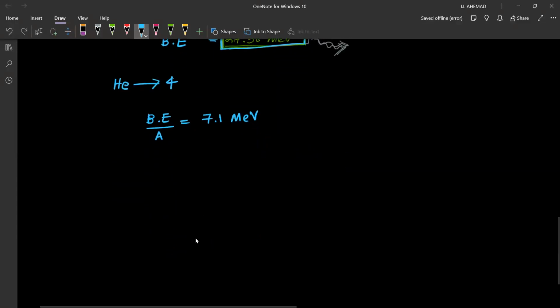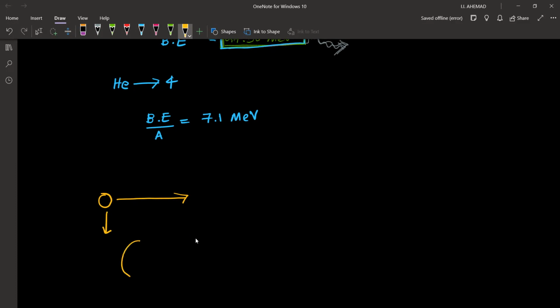When we compare, we know that helium is a very small nucleus, and in the periodic table, when I move along the period or down the group, we know that the size of the atom is going to increase. Then the size of the nucleus will be increasing. Therefore, we will have a lot of protons and neutrons making bonds, right?